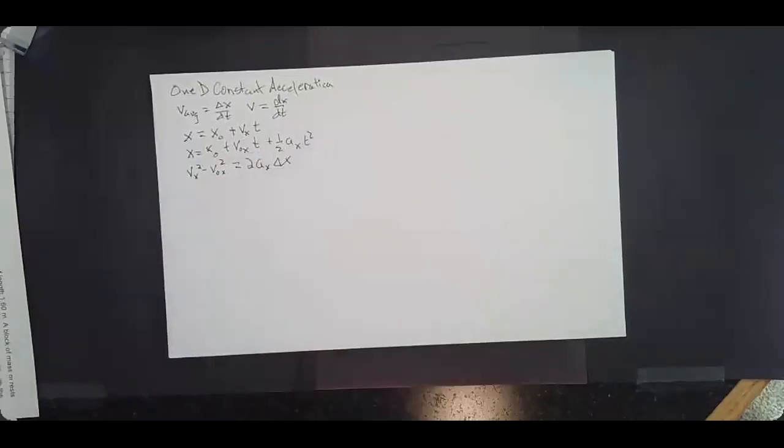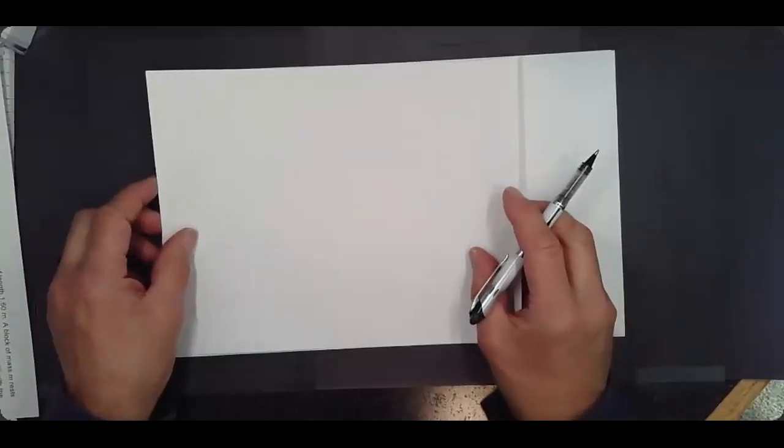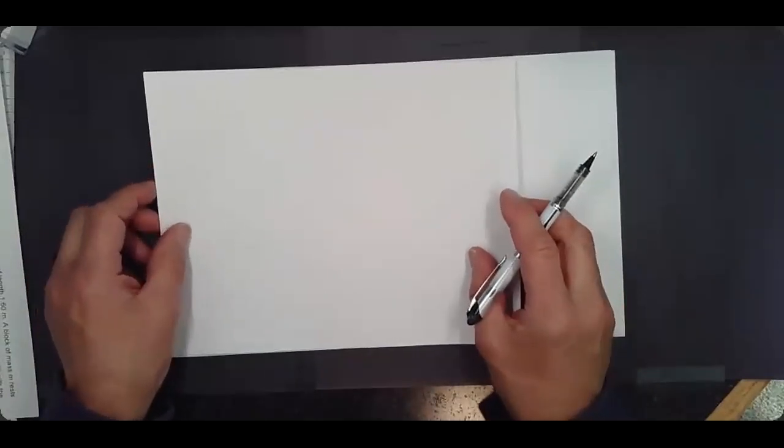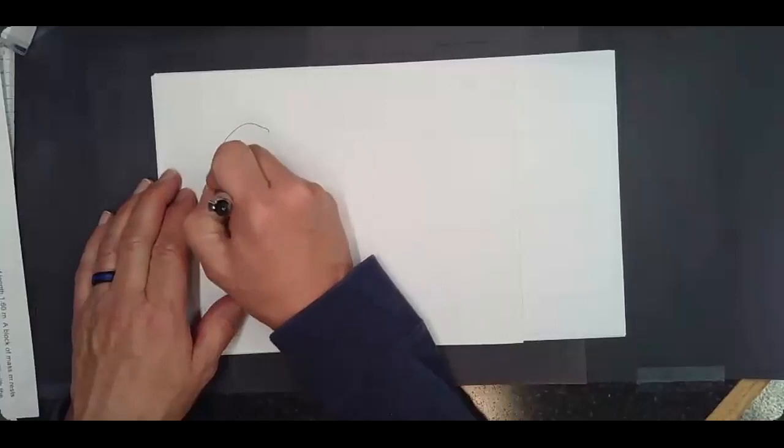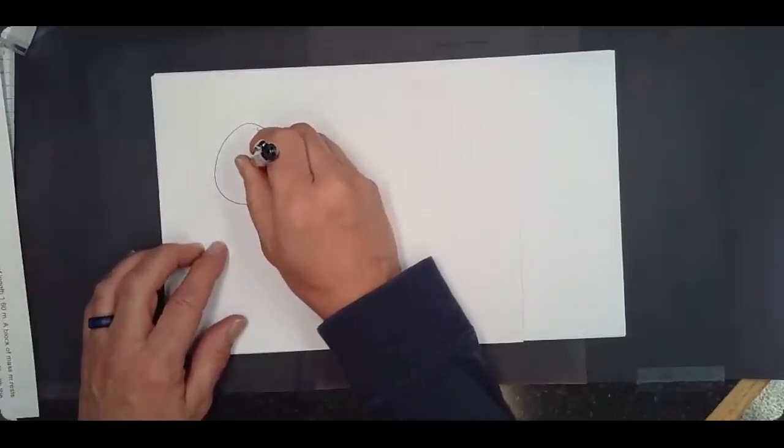So those are some of the one-dimensional constant acceleration equations that we used. We're going to do something similar for rotational motion. For rotational motion, we're going to imagine some kind of rigid object that can rotate. It's easiest if we think of a round rigid object that rotates about some axis.